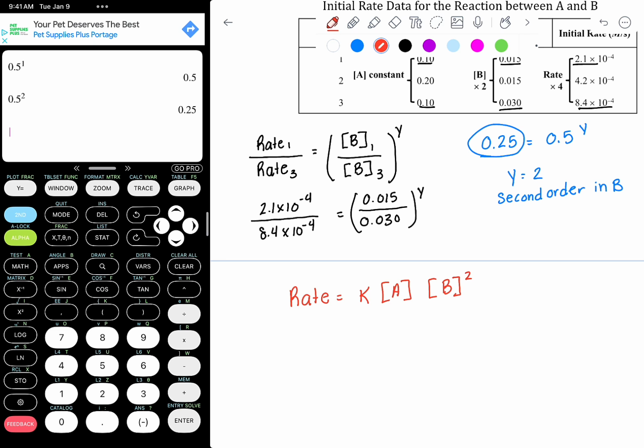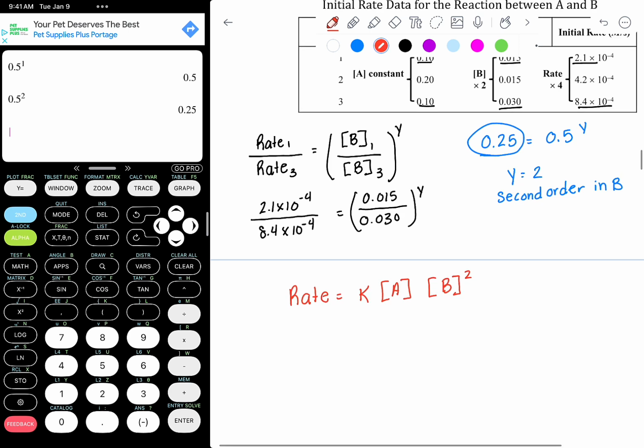So if we look back at our guidelines for the method of initial rates, we've done the first 2 bullet points. We determined the value of x and we determined the value of y. Now that we have those, we want to determine the value of k from one set of concentrations and the corresponding rate.